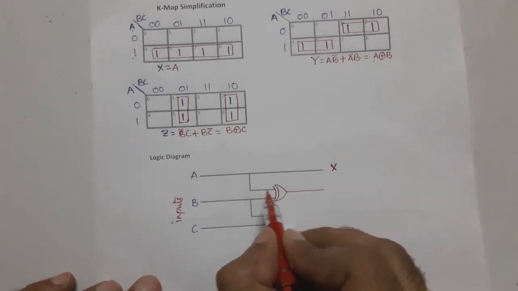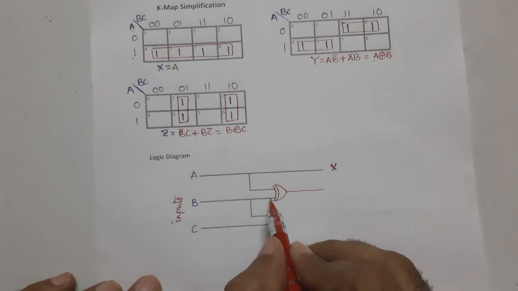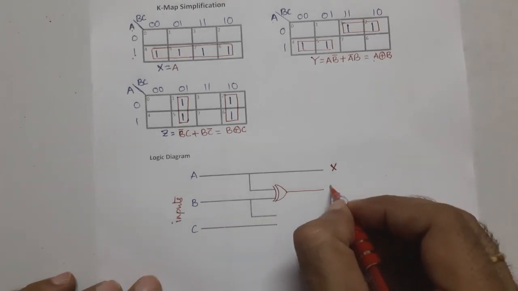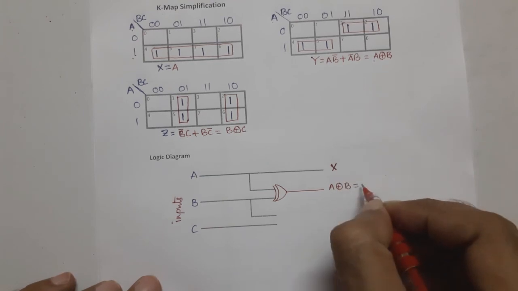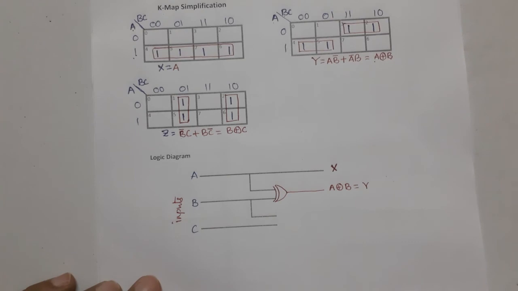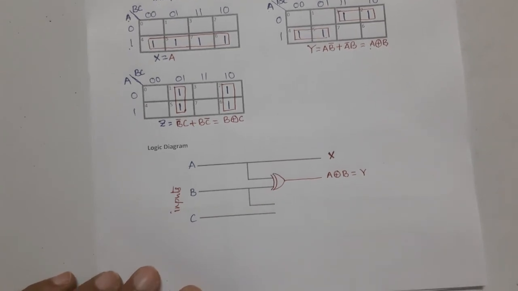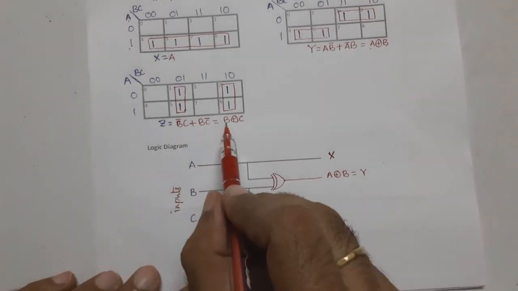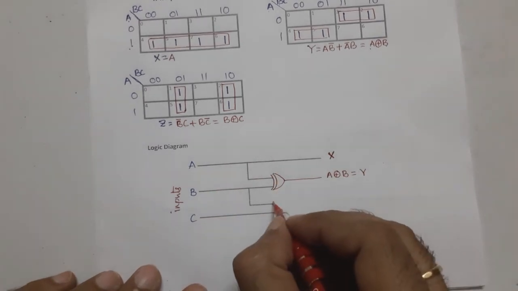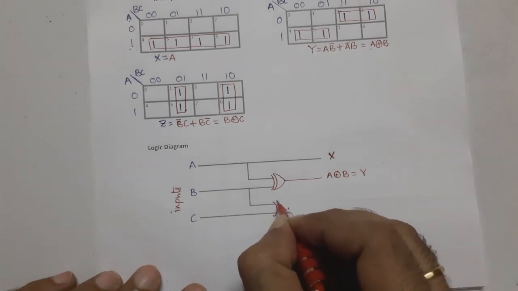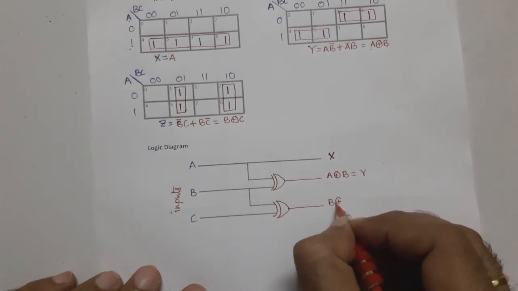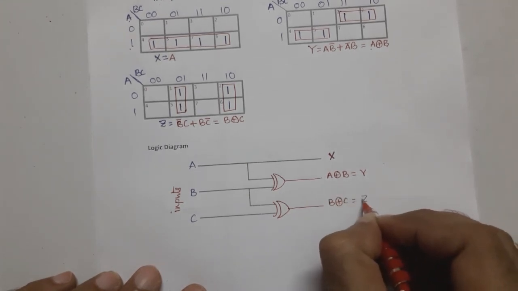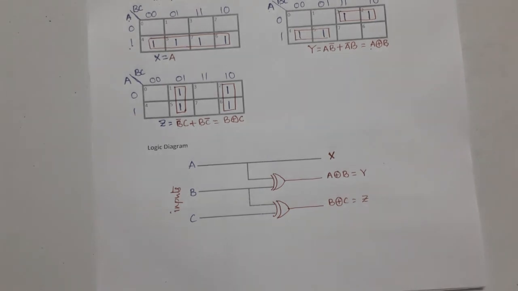Now this is A and this is B. This is A XOR B is equal to Y. And for Z, Z is B XOR C. Now this is B and this is C. This is B XOR C, equal to Z. Now this is the logic diagram.